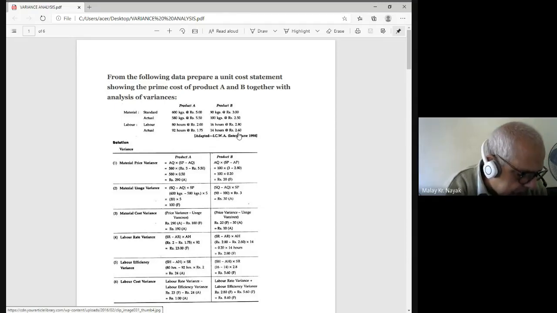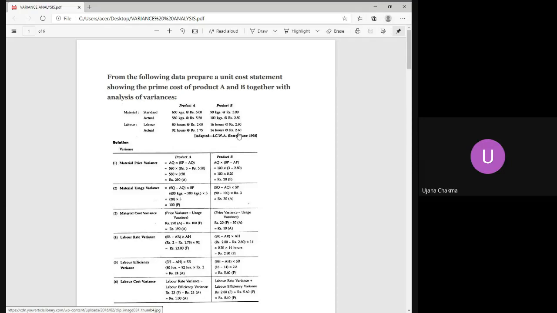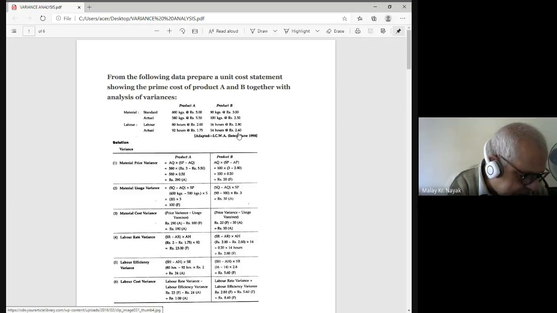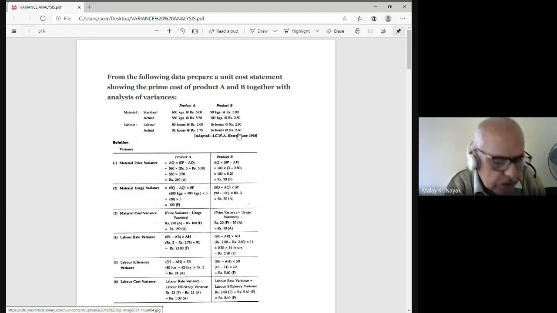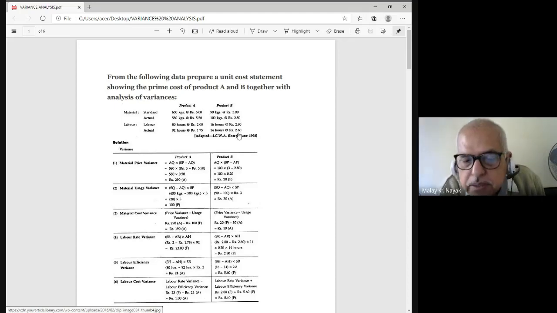The figure is 0.2, therefore 14 into 0.20, total labor rate variance 2.80.